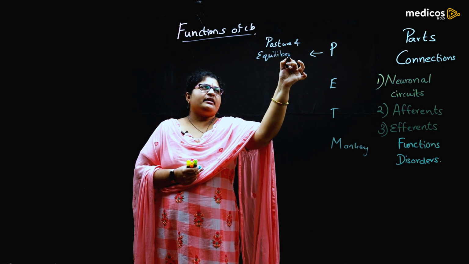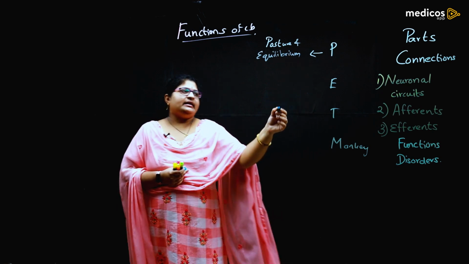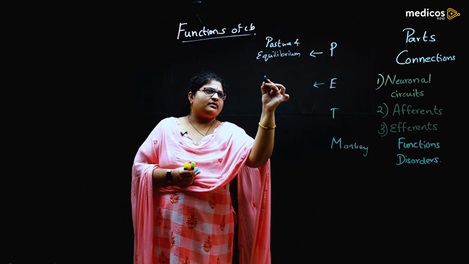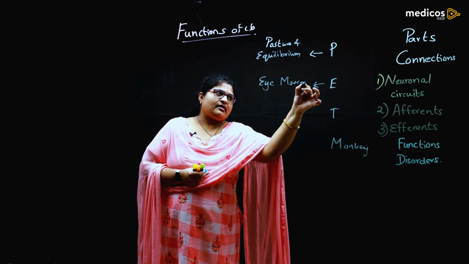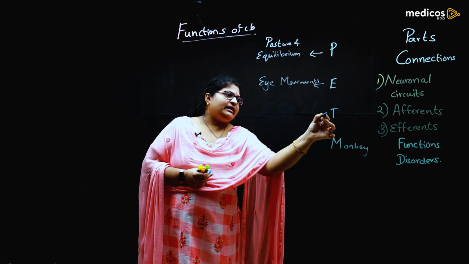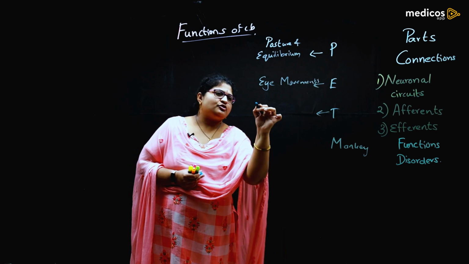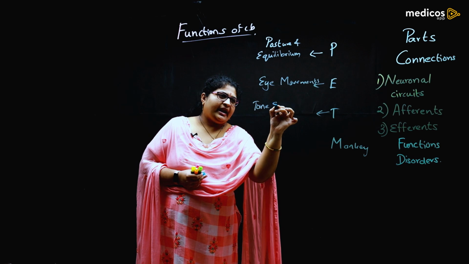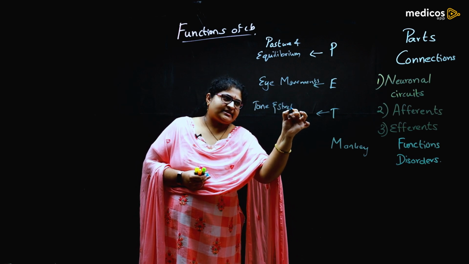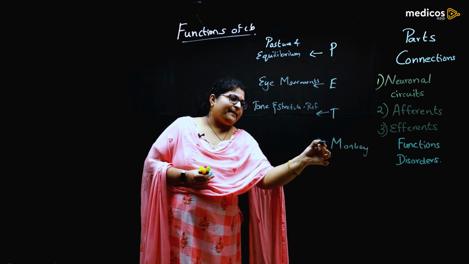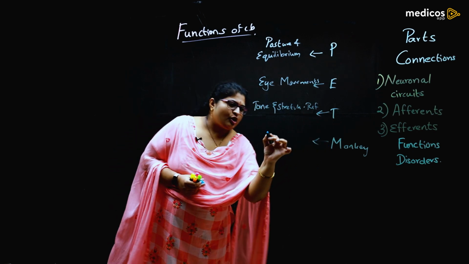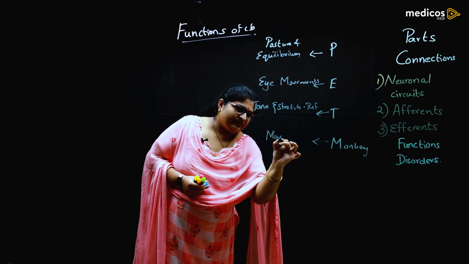E helps in the control of eye movements. T helps in control of tone and stretch reflexes. And the other M helps in control of movements.